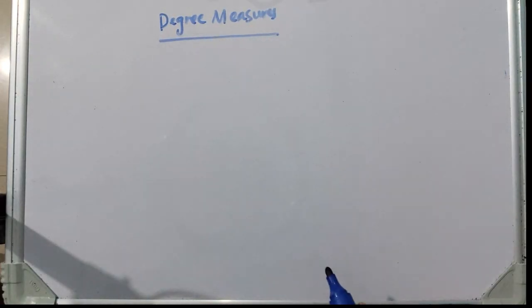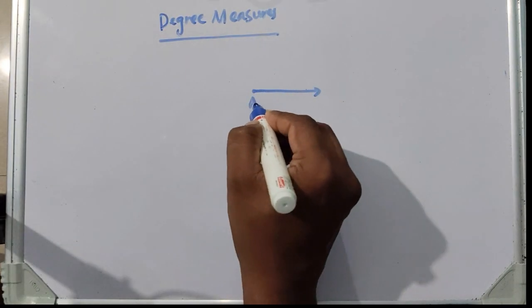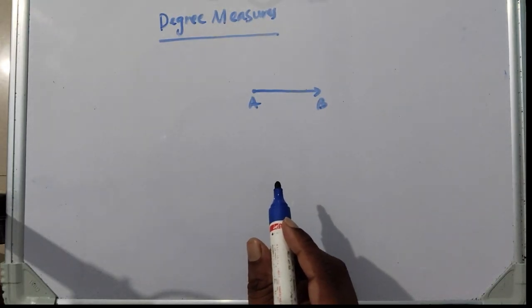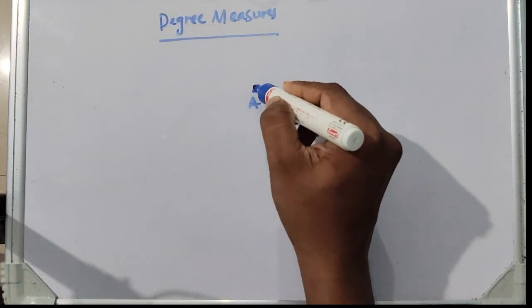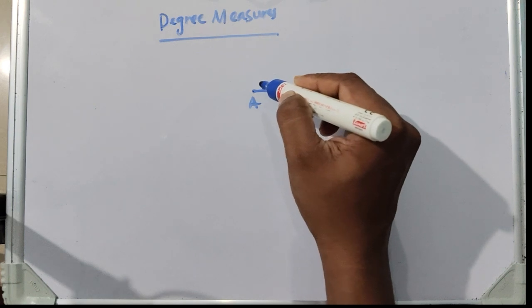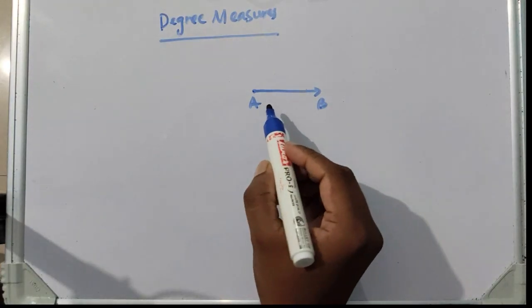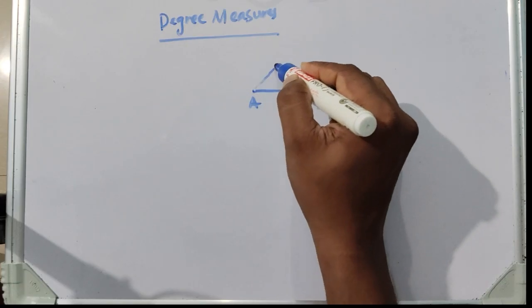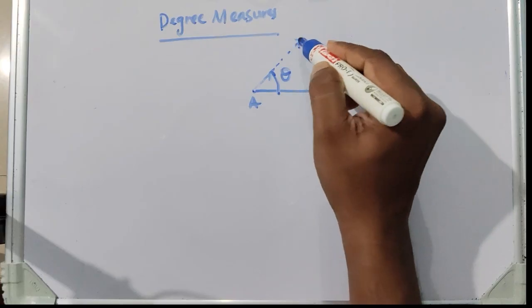Degree measures. Okay, suppose AB is a line, AB is a ray, and let's say it is rotated to an angle theta, B dash.